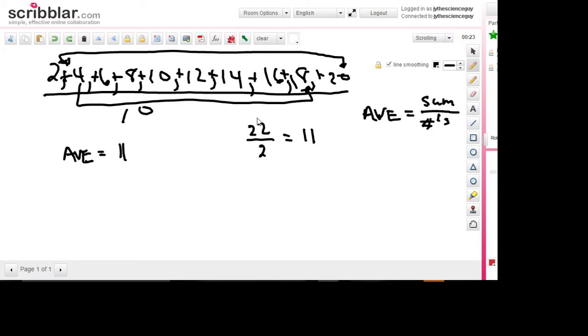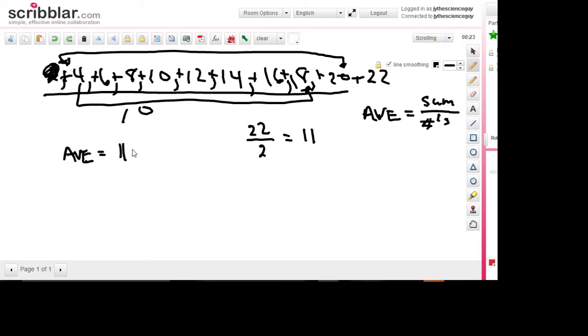Interesting. Okay. And that's like no matter what the numbers are? Yes, if they're in sequential order and they're all even. Wow. Okay. Because if I were to start with 4 and then go to 22, then 22 plus 4 is 26, so my average would be 13.